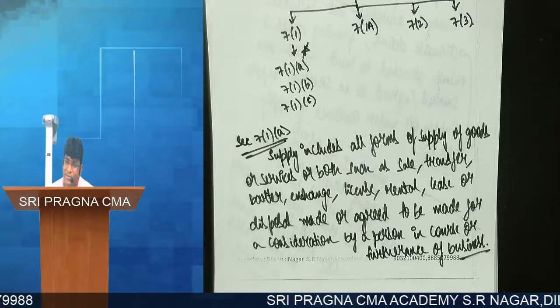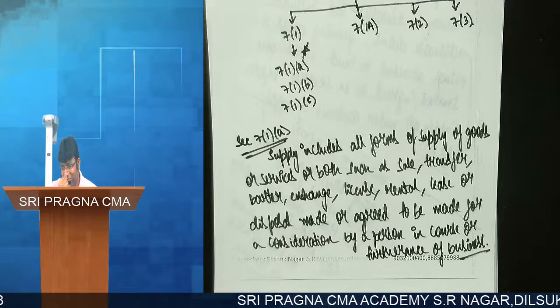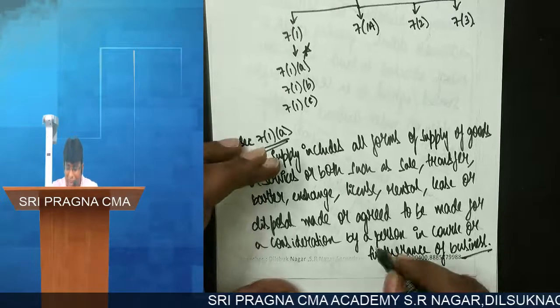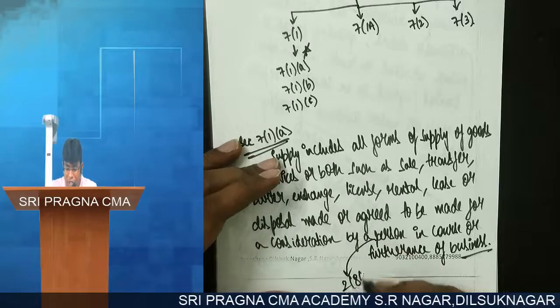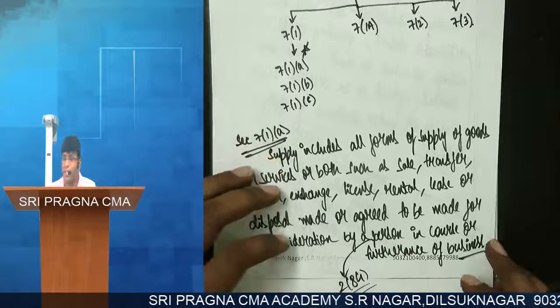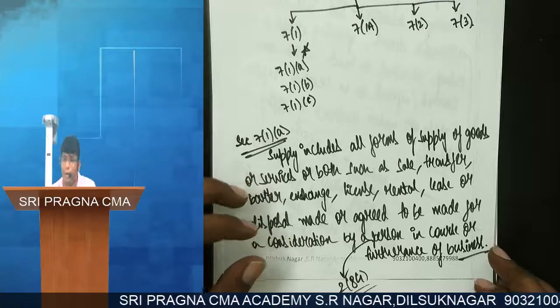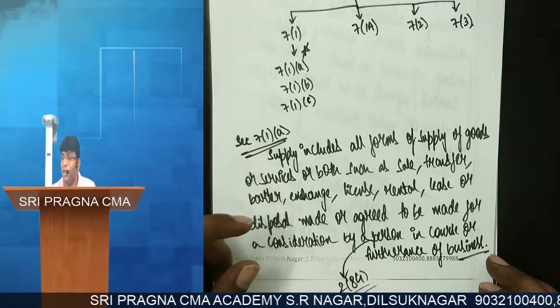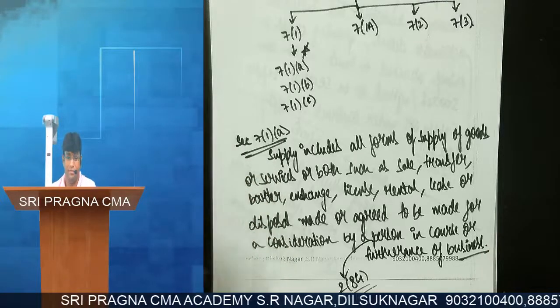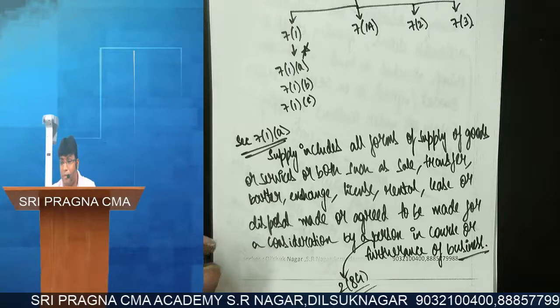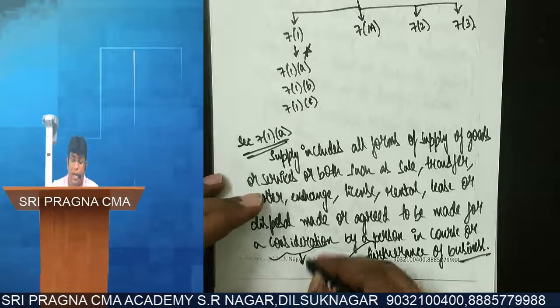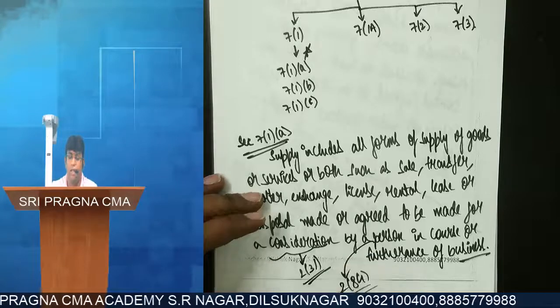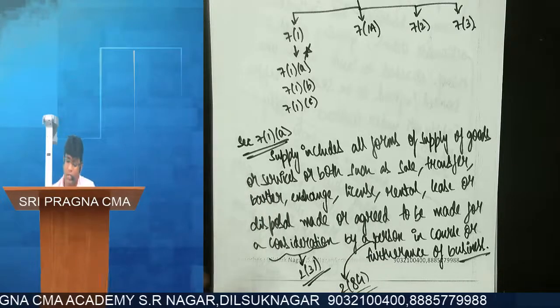Who is a person? They define this word person under section 2(84), where they told person covers individual, HUF, company, firm, AOP, BOI, government. Everybody is covered in the definition of person. And consideration is defined by section 2(31). General meaning, something in return.